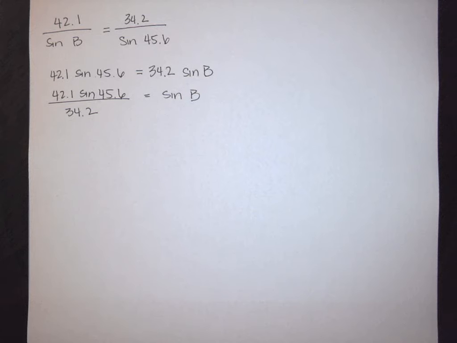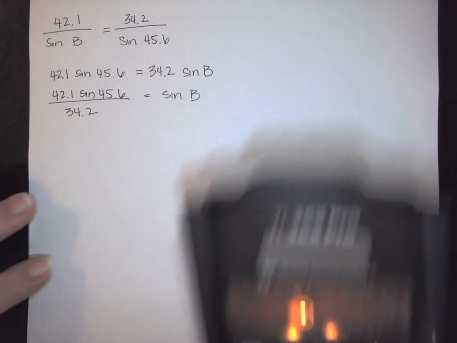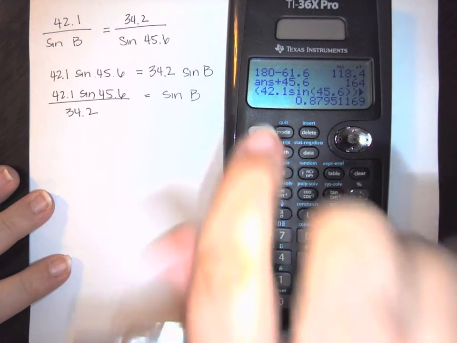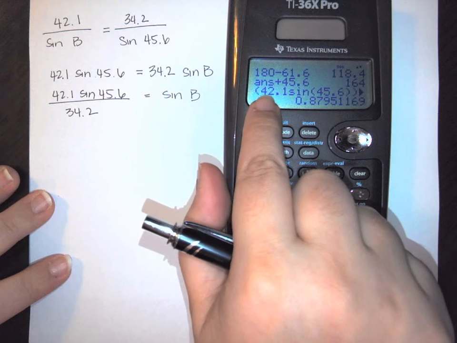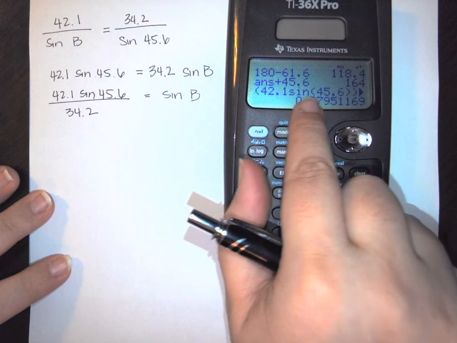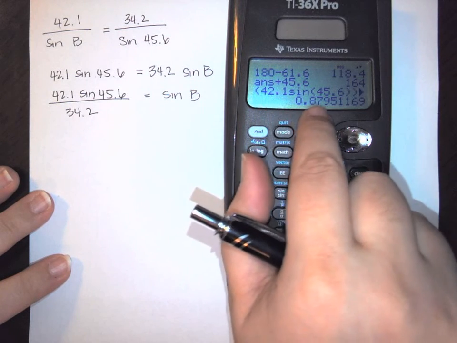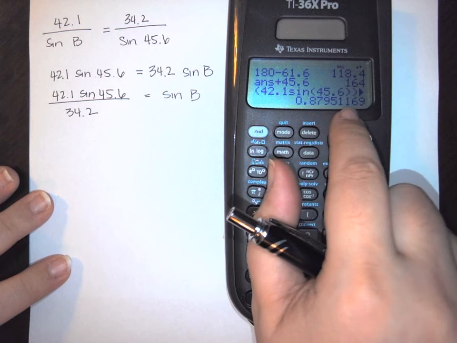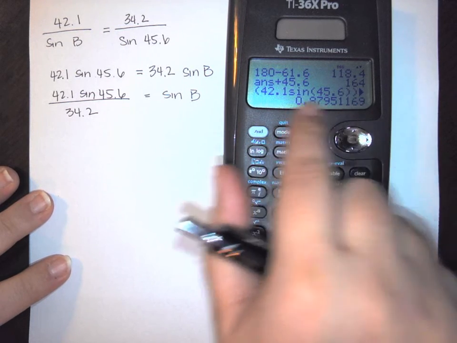So what's going to happen is we're going to look at the inverse sine of that decimal, 0.8795, to give me the angle for B. So we're going to do the inverse, use that decimal as is. Okay.